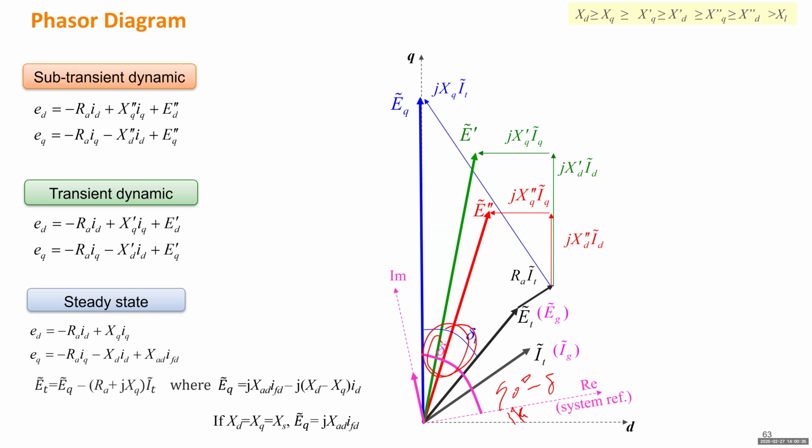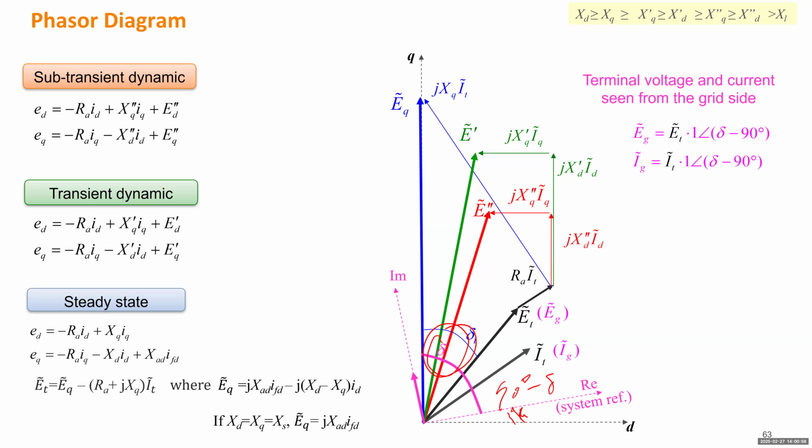So if we know the values of ET and IT in the original frame, but we want to translate to the new frame, we only need to shift that angle. We reduce the angle of ET and IT both by a little angle, which is equal to 90 degrees minus delta.